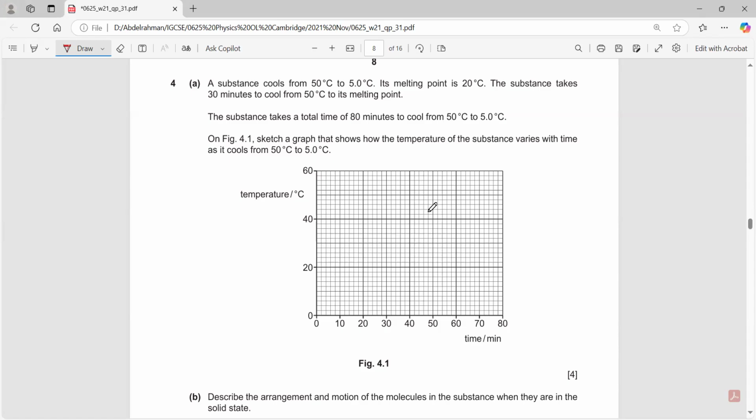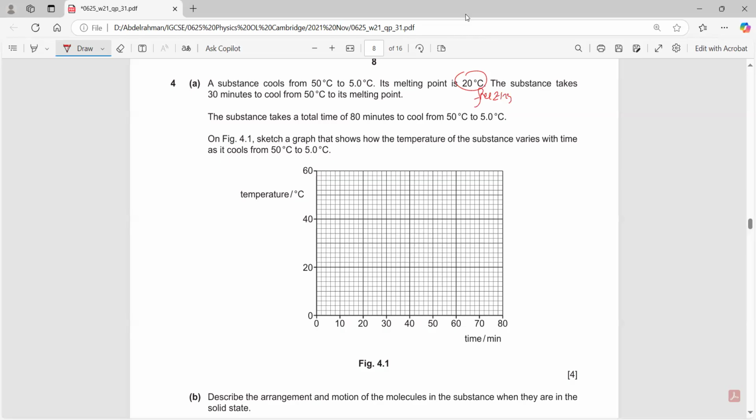If it's cooling from 50 to 5 degrees Celsius, while cooling the melting point wouldn't be called the melting point, it would be called the freezing point. Why? Because you're cooling. It's the same temperature.